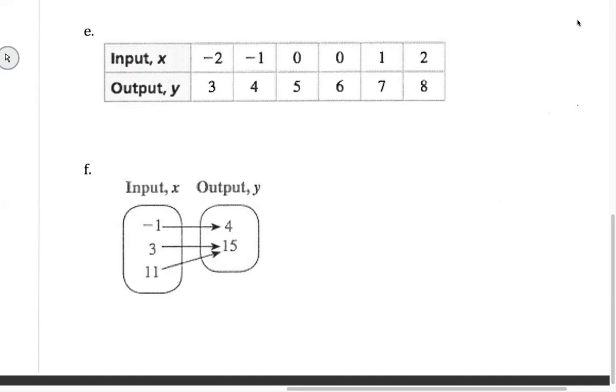X values. So let's look at your inputs, your x. The oval on the left. Do any of those numbers repeat? Are there two arrows coming out of any one of those numbers? No, because each one of them only has one arrow coming out. This is a function, Tyler.